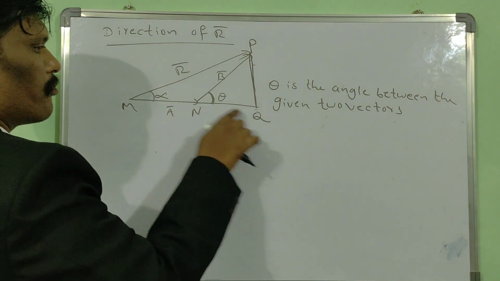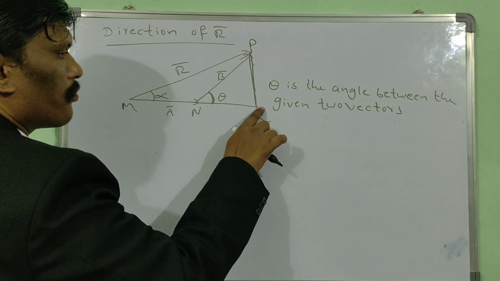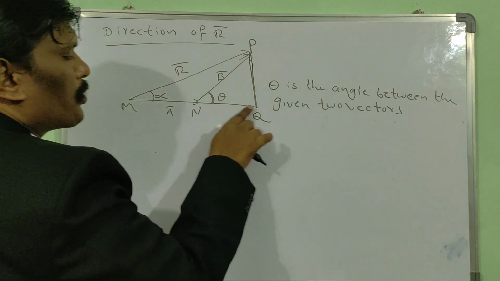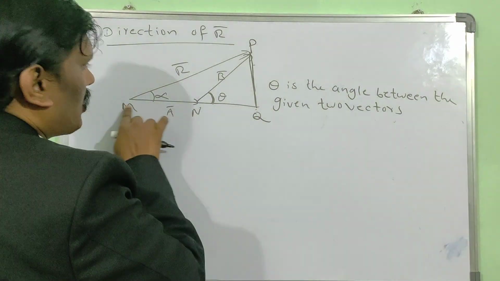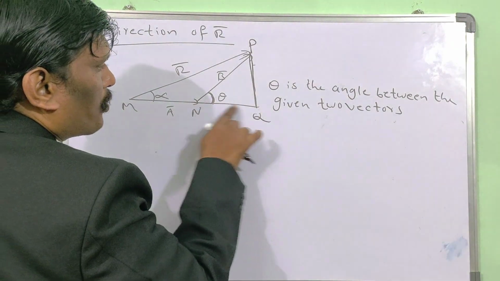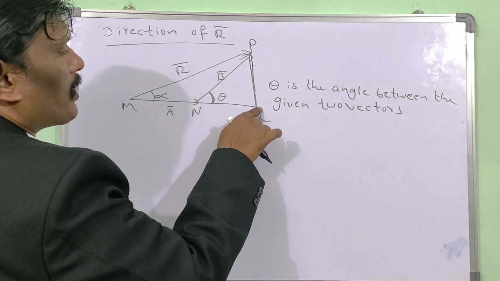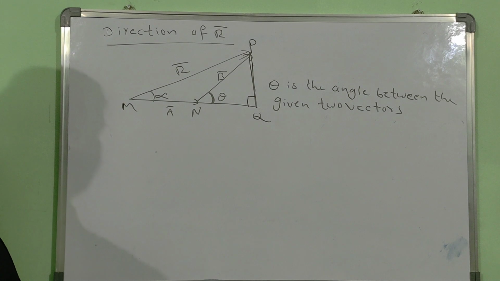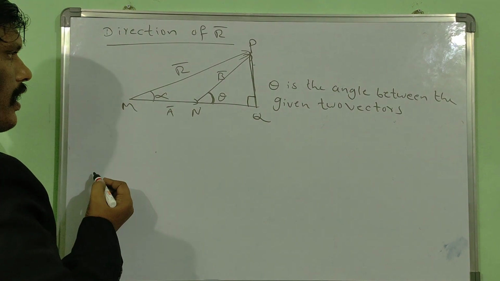Onto the produced MN, drop the perpendicular from P. This is the produced MN. So how to calculate this?